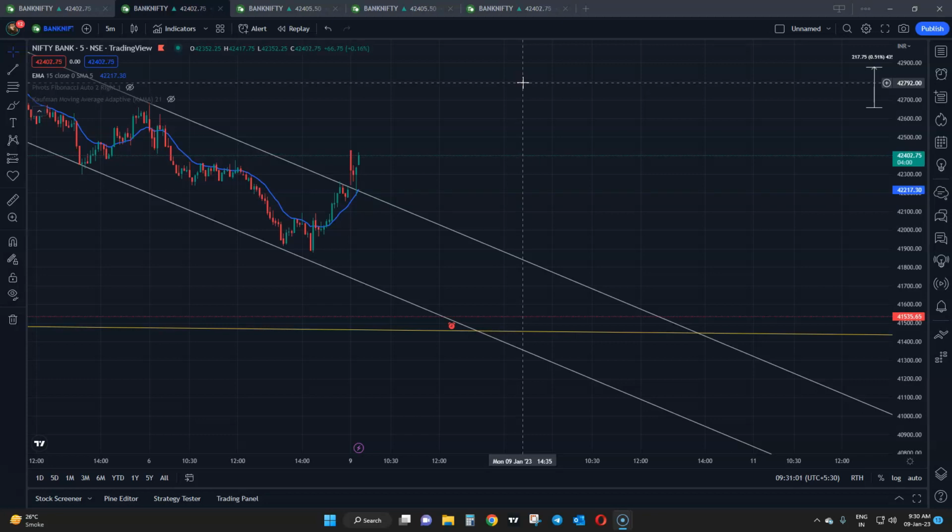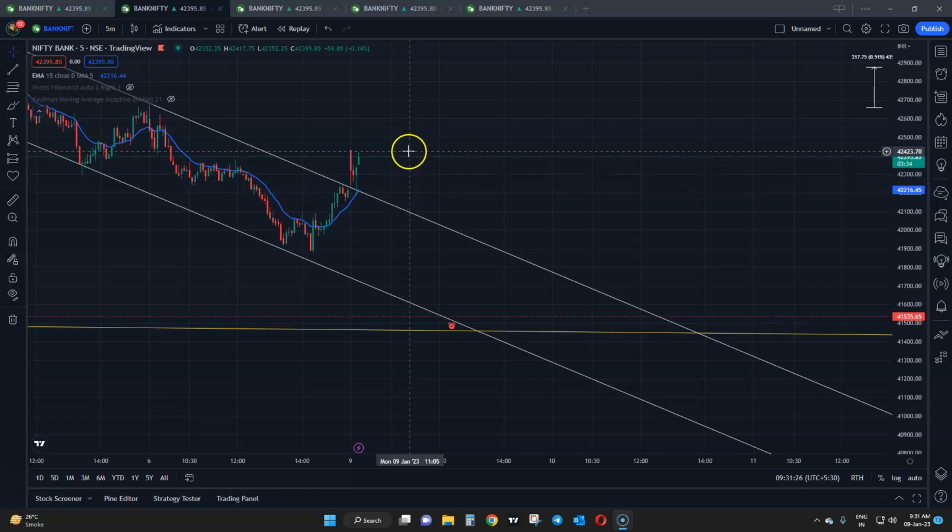See the price action work now, okay? Is this a good buy signal here?